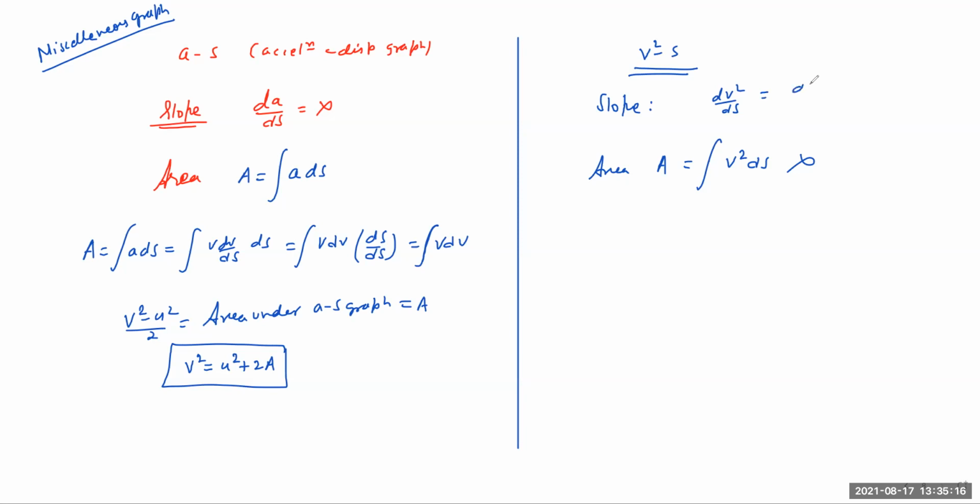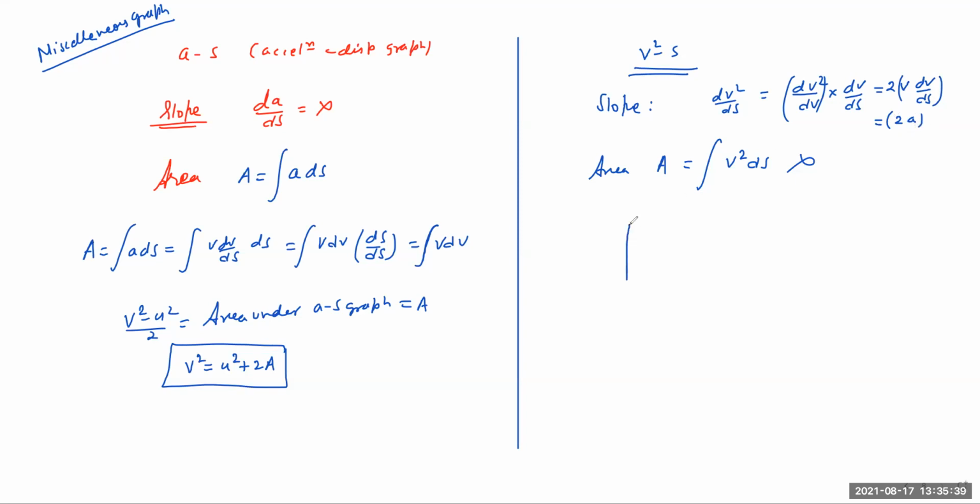Now this is d(v square) by ds. Of course, we can use the chain rule because we know we can simplify this, and it will become 2va. Actually it's 2a, because v dv by ds is acceleration, so it's twice the acceleration.